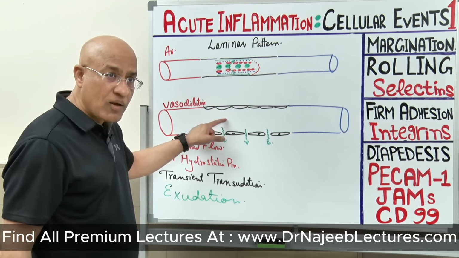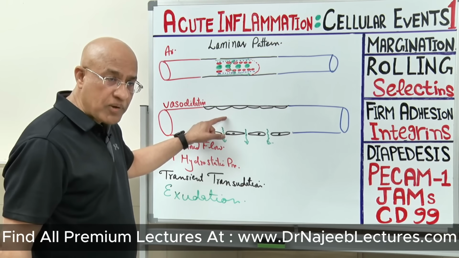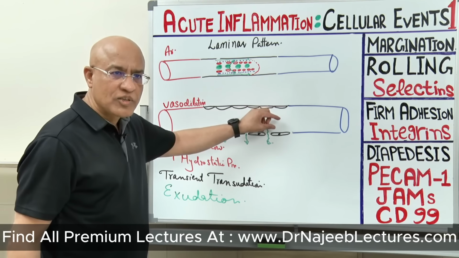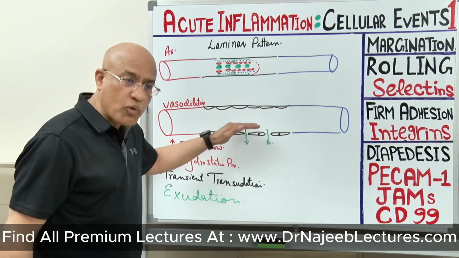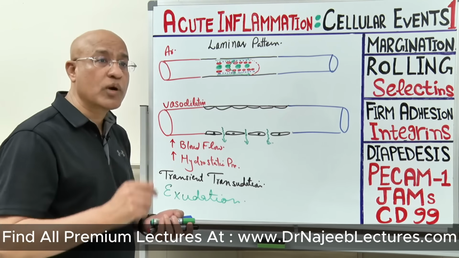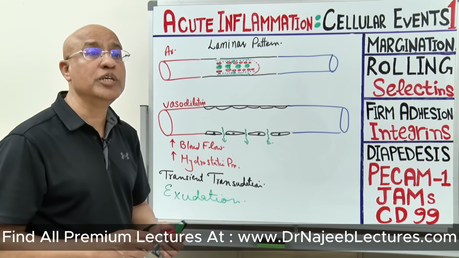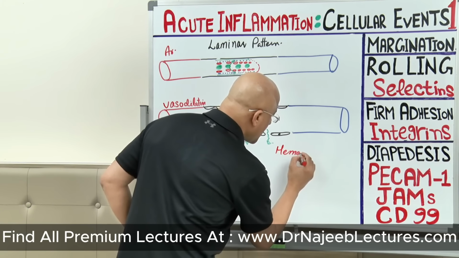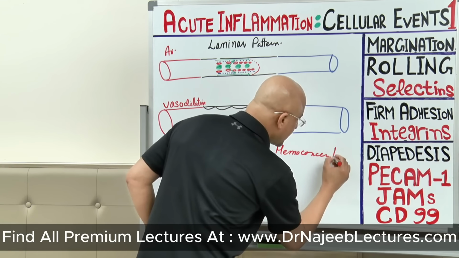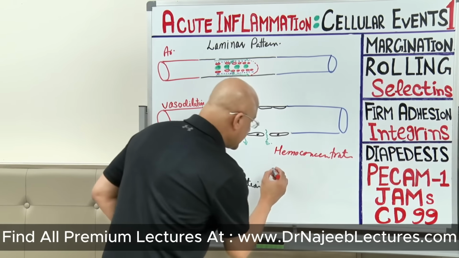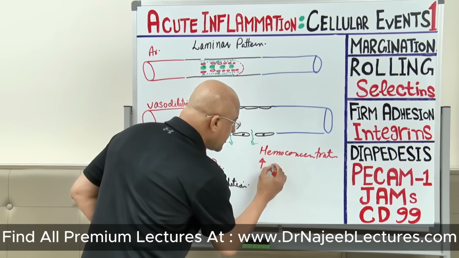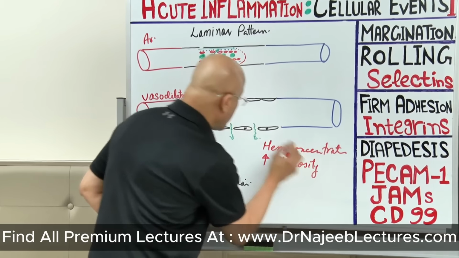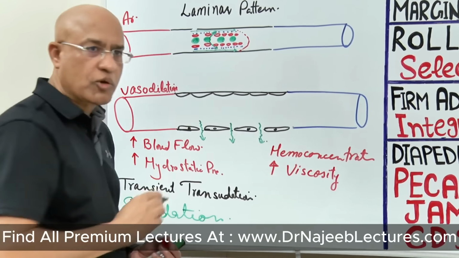WBCs, leukocytes, red blood cells and platelets are within the circulation, but fluid has gone out. So this will lead to what phenomenon? It will lead to hemoconcentration, or we can say there is increased viscosity of blood within the microcirculation.